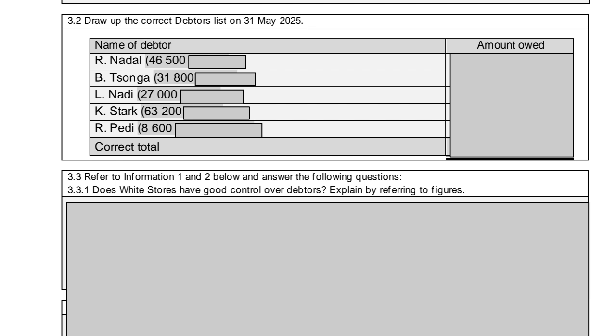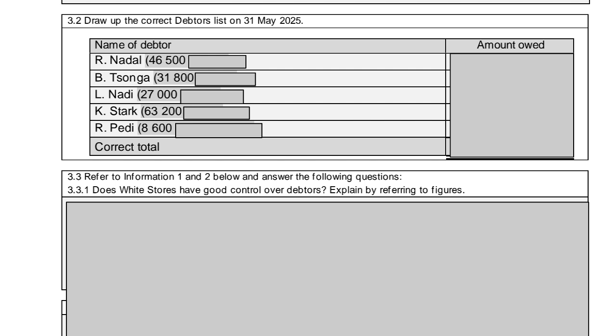And then you start with in brackets all the amounts they owe. So 46,500, 31,800, 27,000, 63,200 and 8,600 respectively. And then we are going to read the errors and omissions from information 4 to see if some of these debtors' amounts need to be corrected.